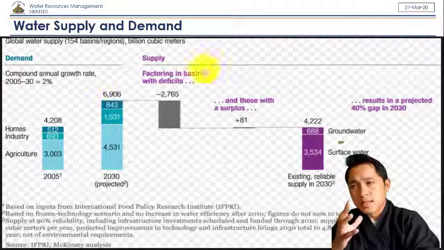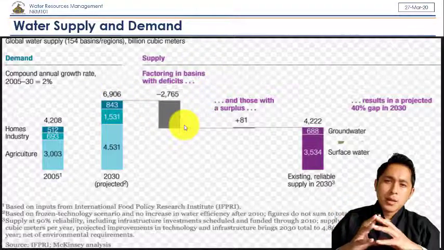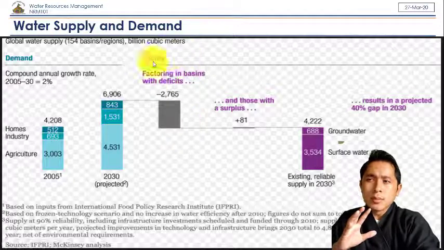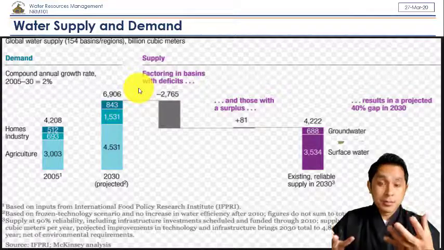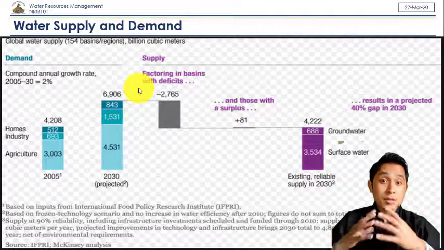But let's look at the supply that we have. Already some of the basins are having deficit. That means some of the basins are already drying up due to climate change and other factors.